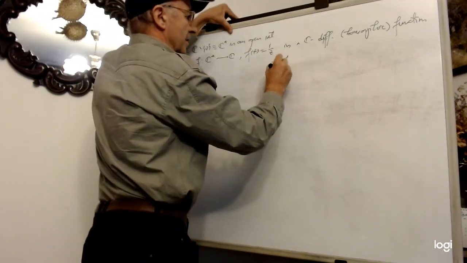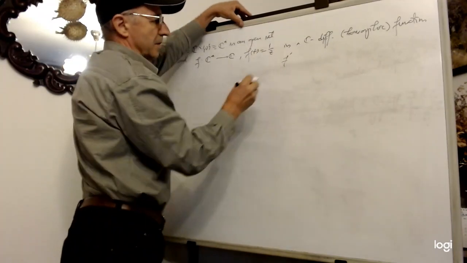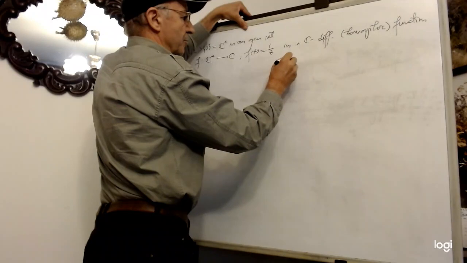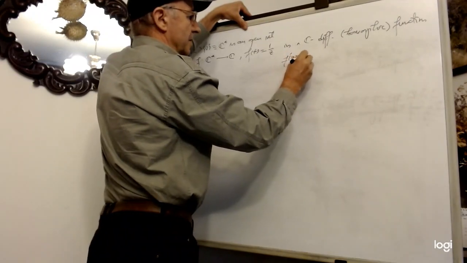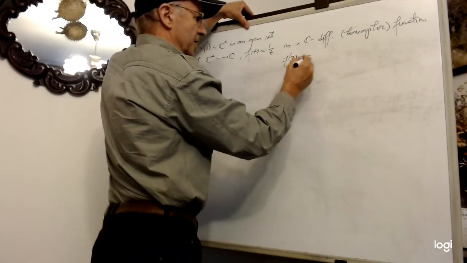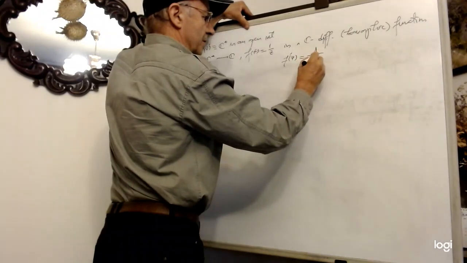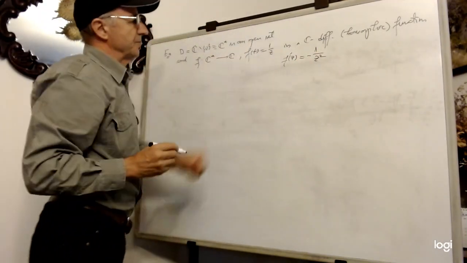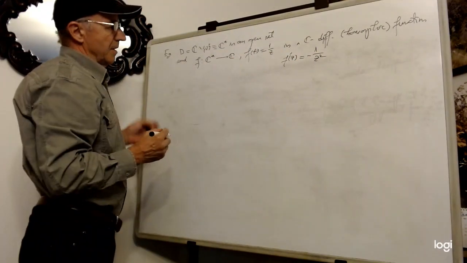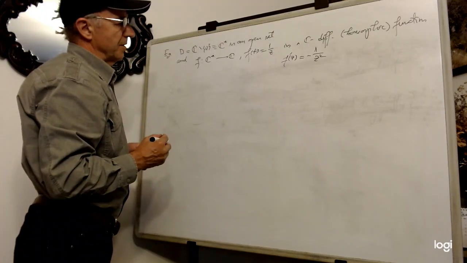Particularly here, the complex derivative at a point z is minus 1 over z squared, similar to the real case. You can obtain this directly by using the definition.